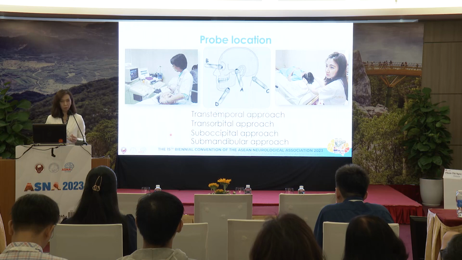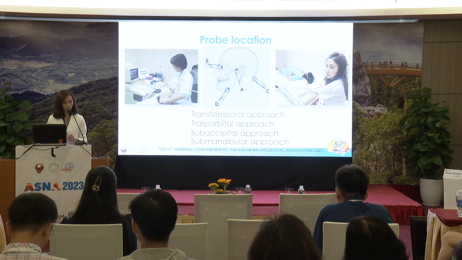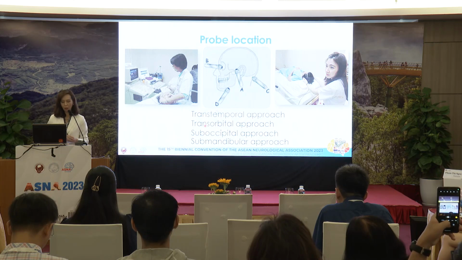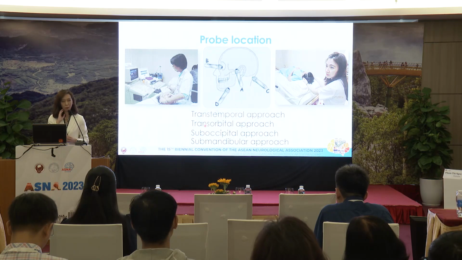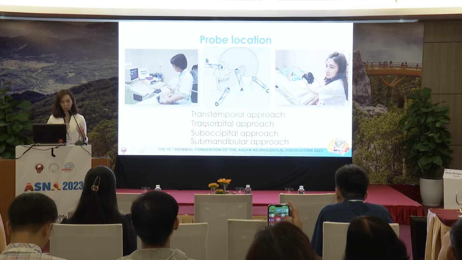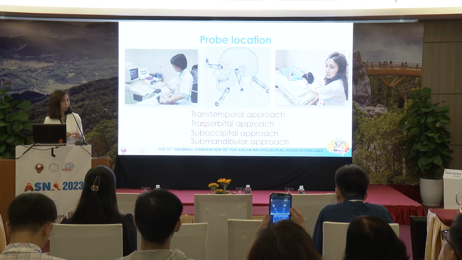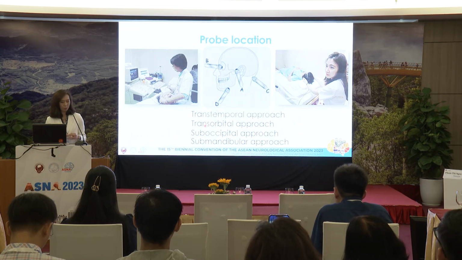The first three are very common areas that we would insonate the patient. The submandibular window, sometimes we use to look at the internal carotid artery in the neck and calculate something. Dr. Navarro will probably talk about that later, for the calculation for subarachnoid hemorrhage.